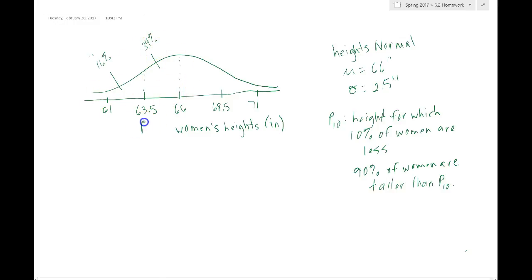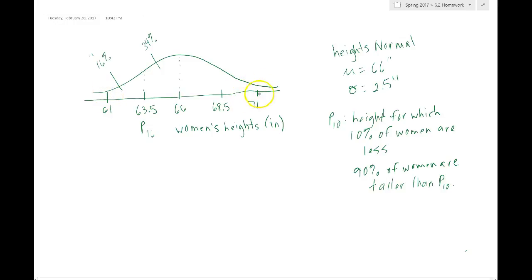So this first standard deviation is the 16th percentile, because 16% of the data is below it. Also from the empirical rule, 2 standard deviations from the mean makes up 95% of the data.